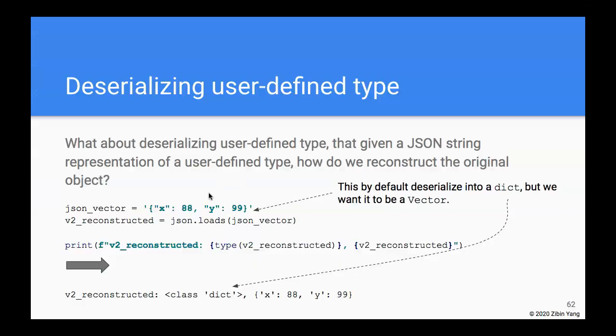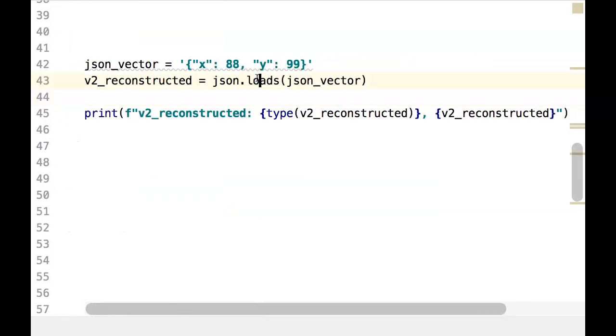Given a JSON that can represent a user-defined type, such as a vector with x and y, can we deserialize this into a vector object? We can try to do that with json.loads, which is our JSON deserializer, or JSON decoder.